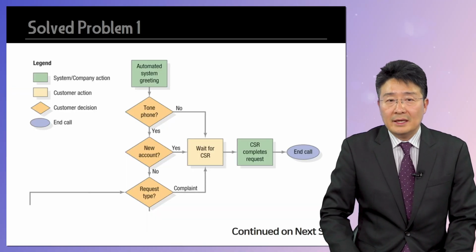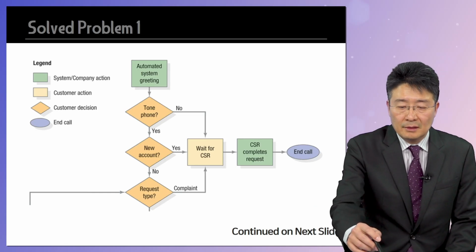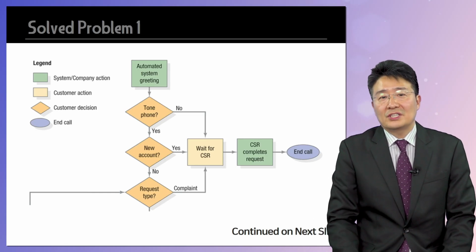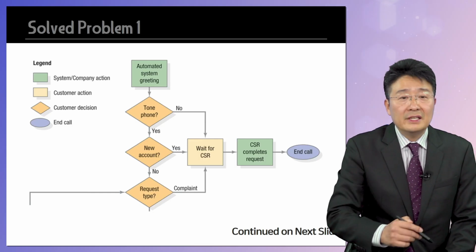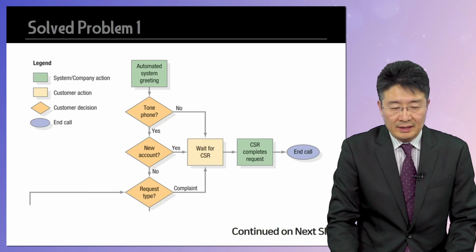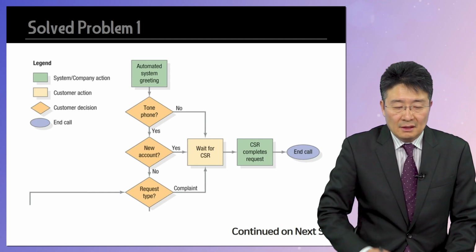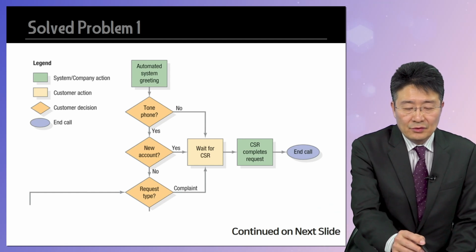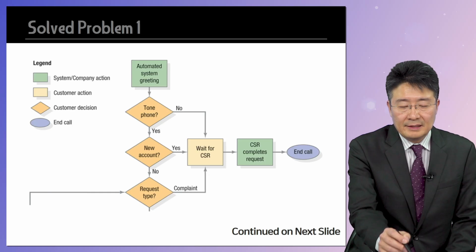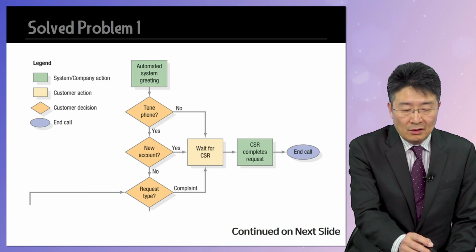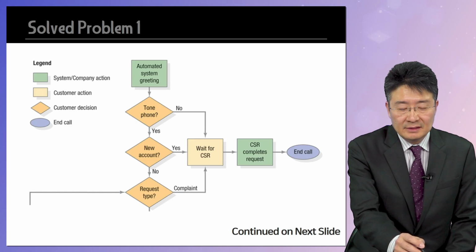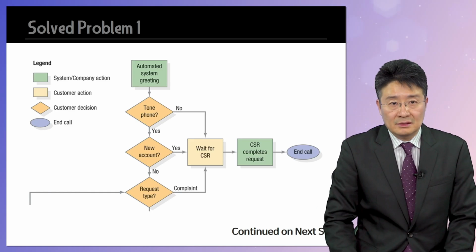So, we can draw this process flow chart. You need to note the meaning of the legend. The green rectangle represents system company action. Another rectangle represents customer action.